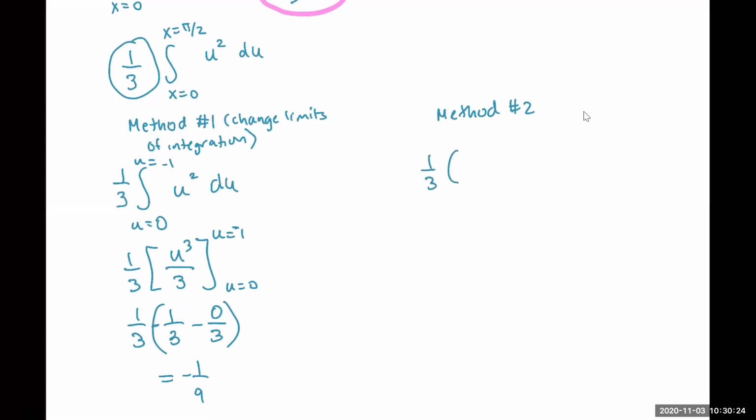So 1/3 times 1/3 u cubed. So basically the same antiderivative as I have here, right? I'm just copying that, and keeping in mind that this is x equals 0 and this is x equals pi over 2. So method 2, you can say keeping things x.